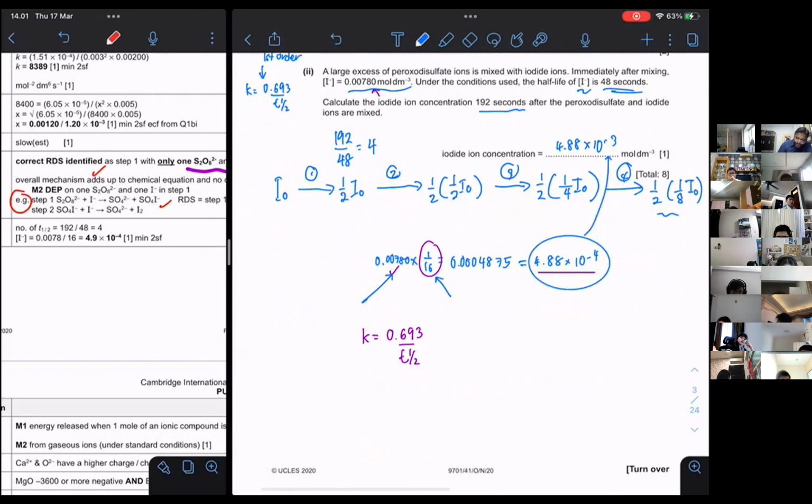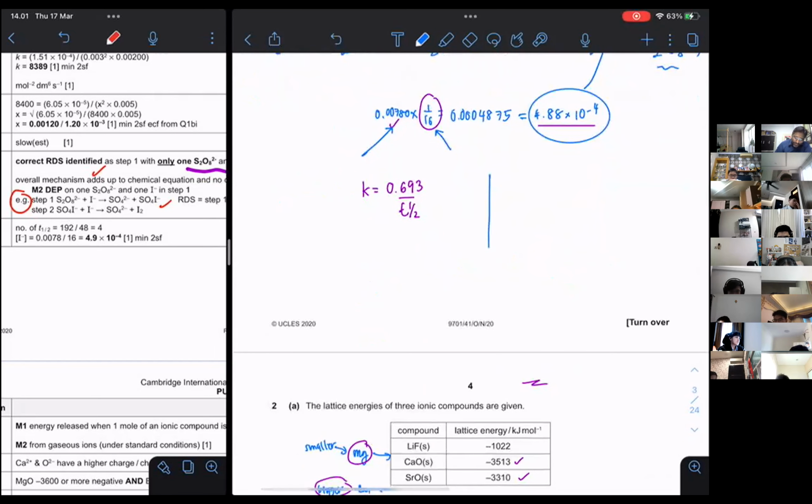In our syllabus, you should know how to use the graph to find out the half-life. Do remember, in a graph, we have 2 types of graph, but I'll just focus on one graph. If you have a reactant, the concentration is decreasing according to time.